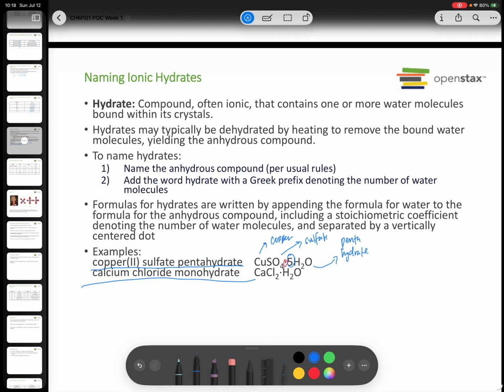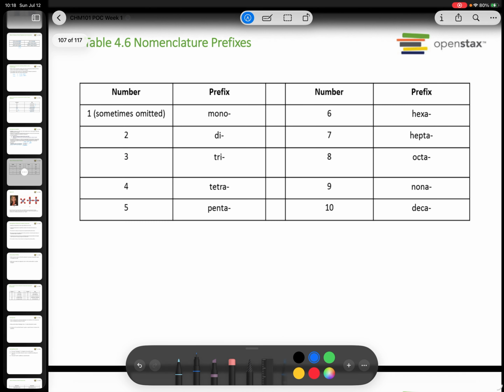Calcium chloride monohydrate. Hindi na nilalagay yung value ng 1. So, for that, monohydrate siya, no? Pag dalawa, di. Pag tatlo, tri. Pag 4, tetra. Pag 5, penta. And so on. Okay? Refer na lang kayo dyan sa table, no? Dito sa prefixes.